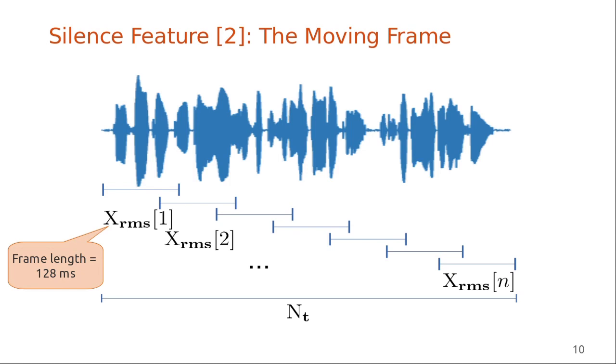By this method, we can calculate the number of silent frames and total frames, and then divide the number of silent frames over total frames to get the previously mentioned silent feature. In this research, we use a constant frame length, that is 128 milliseconds, for one frame to represent the silence duration, the minimum silent duration.